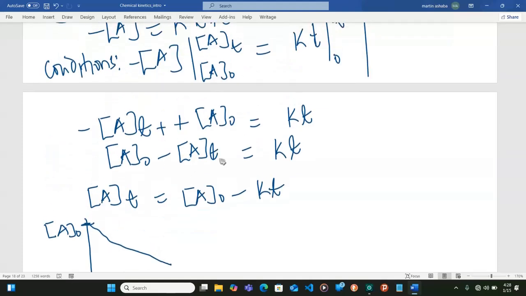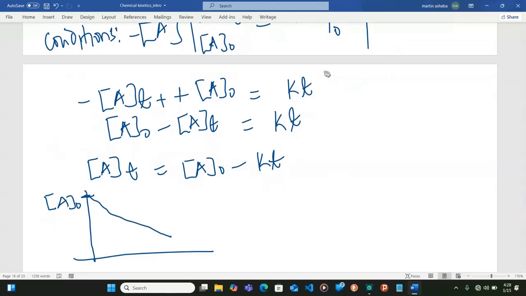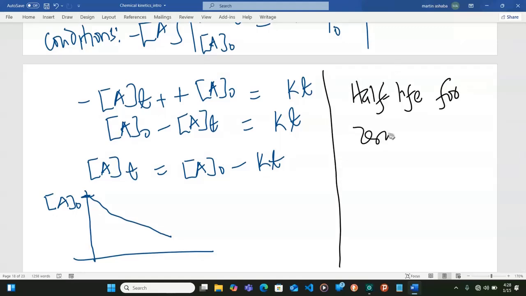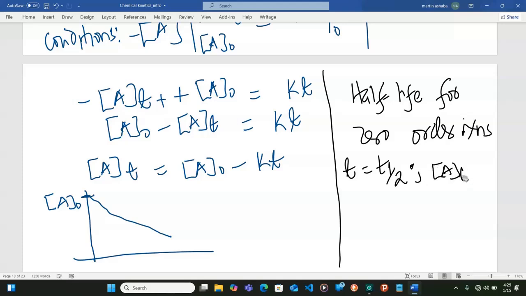So we want to look at the half-life. Let's look at half-life for zero order. So for zero order reactions, we are going to put that at t is equal to t half, then we find that this concentration at that time will have become the concentration divided by 2.